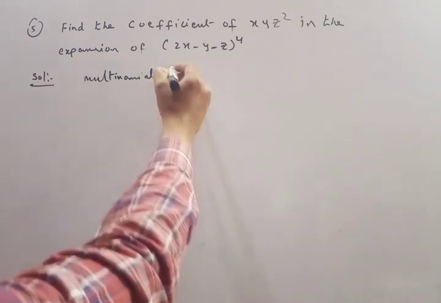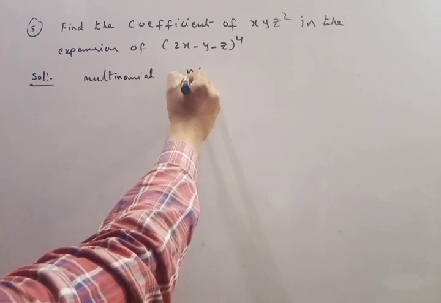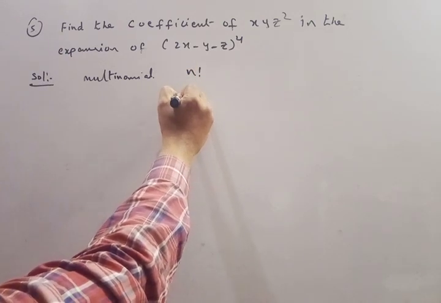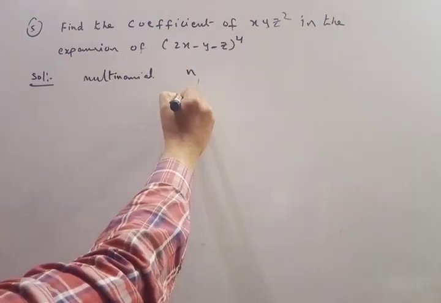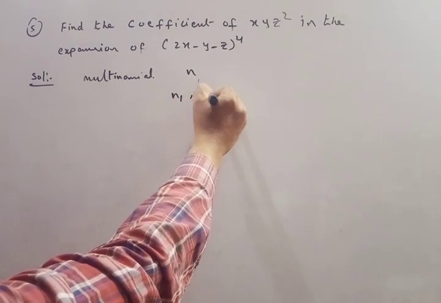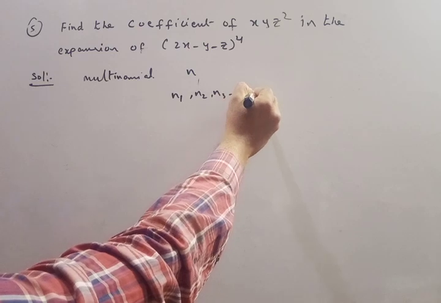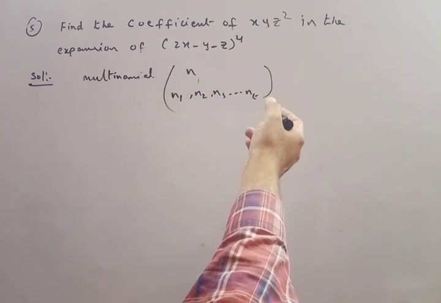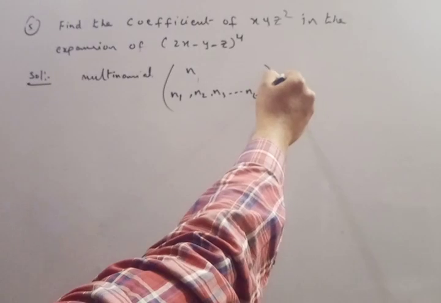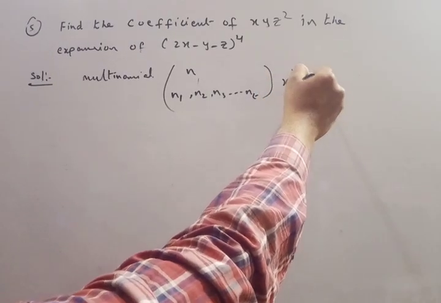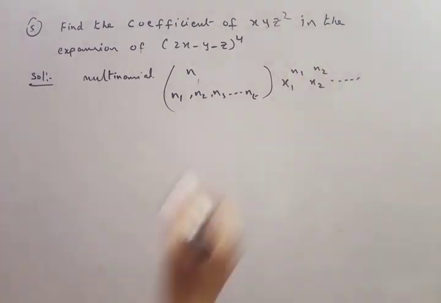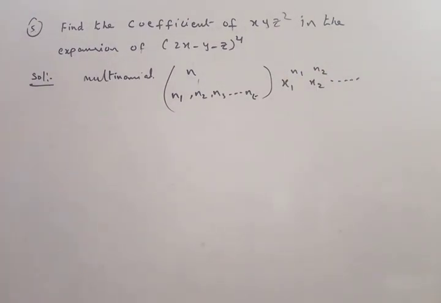This will give you n factorial by n1 factorial, n2 factorial, n3 factorial, and so on up to nt, into whatever terms come, that term we have to take. That means x1 power n1 into x2 power n2, like that you can take. Understand, this is a multinomial problem.